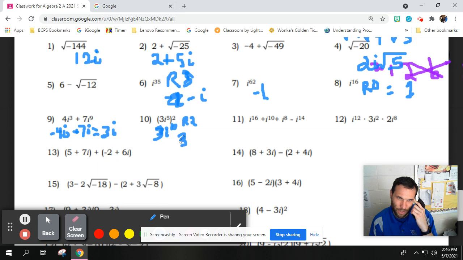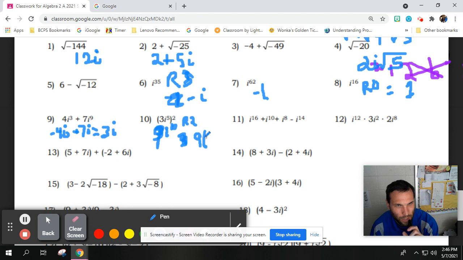So it'd be 3. Oh no, this would be 9. This would be 9 i to the 10th, because it'd be 3 squared also. So it'd be 9, and then a remainder of 2 is negative 1. So it'd be equal to negative 9. So number 10 is equal to negative 9.